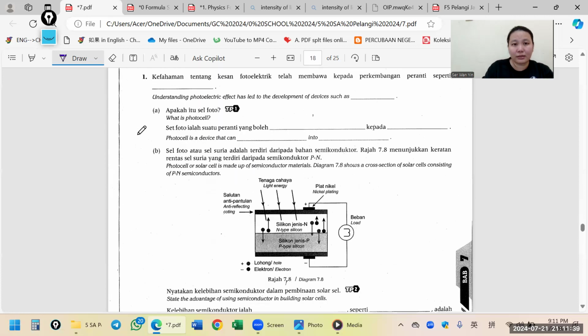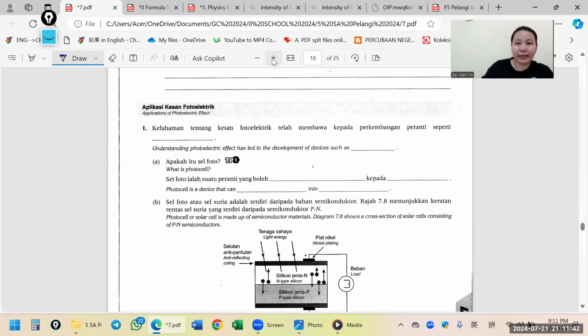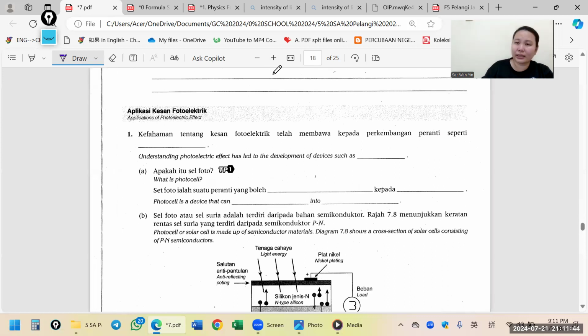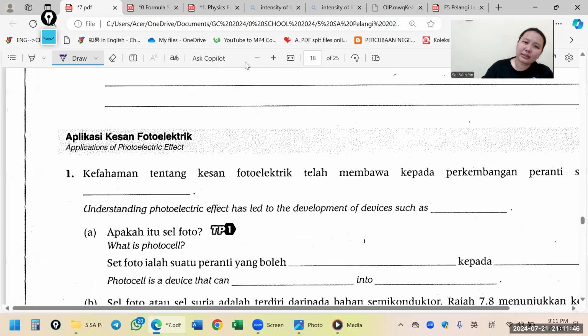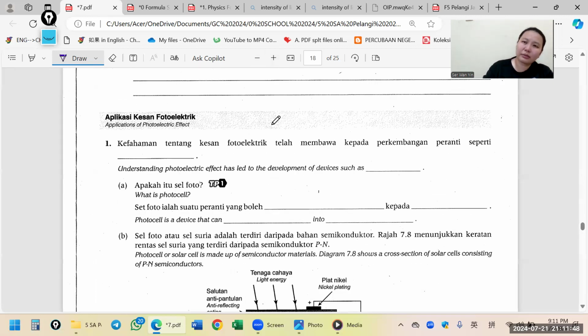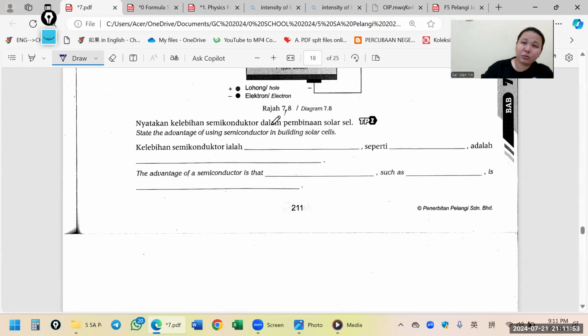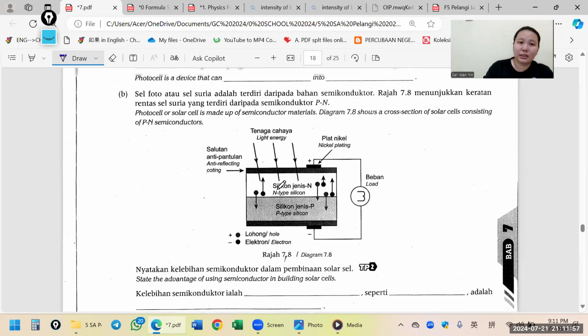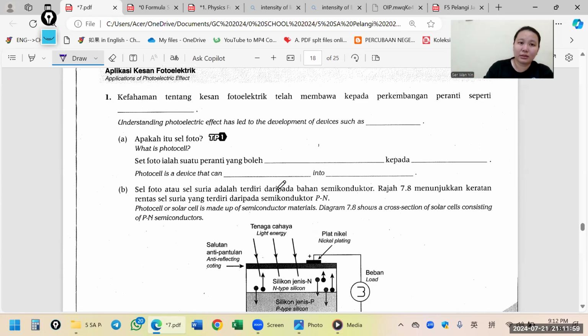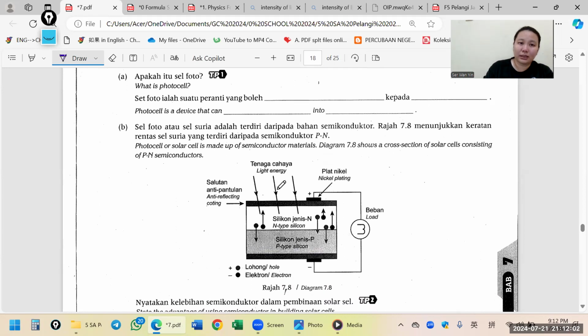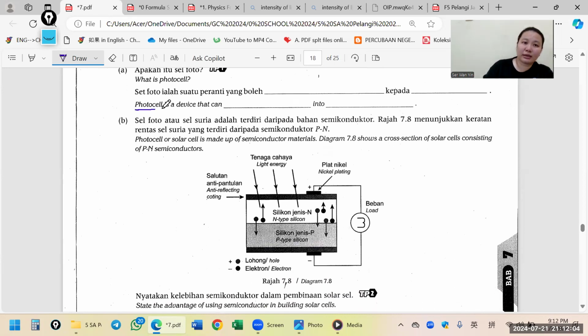Okay, so normally the photoelectric effect, where can we apply? That one I study first, next week I redo. Now, we can use it in semiconductors to make a photo cell, which means a solar cell.